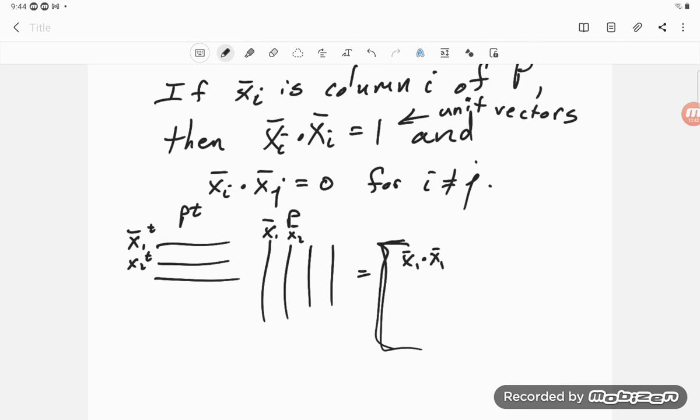In order for this to be the identity, that has to be 1. Any other entry here, such as x1 dotted with x2, has to be 0. So the diagonal has to be 1, and that will be xi dotted with xi, and the off diagonal elements all have to be 0, and all those come from the mixes of xi dot xj, where i and j are not the same.